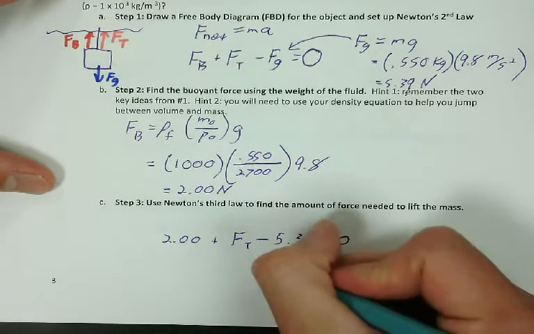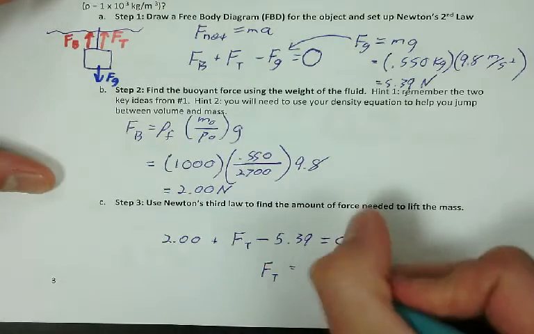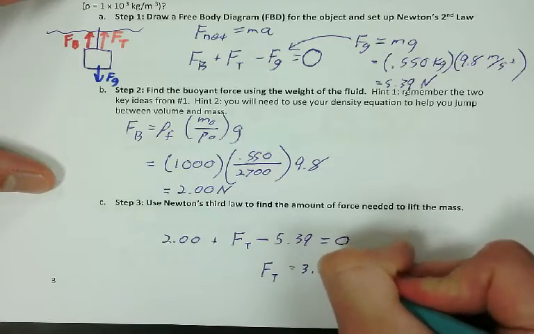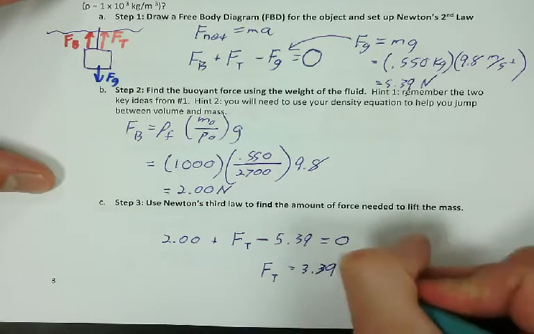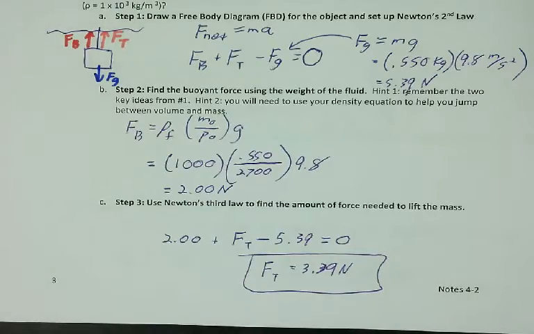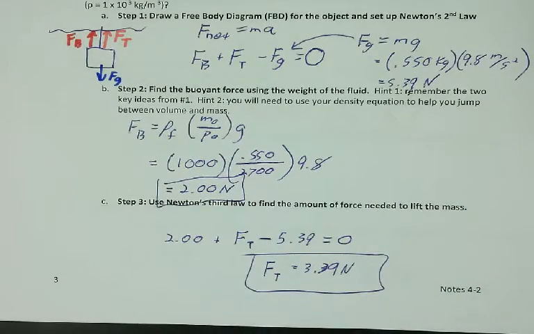And you get a tension force of 3.39 newtons. And if you got a slightly different number, it's probably a rounding thing. Okay, so that's how you're going to go ahead and solve these problems.